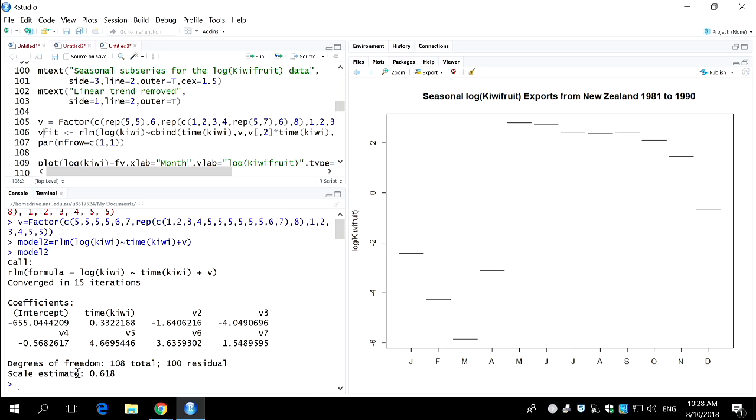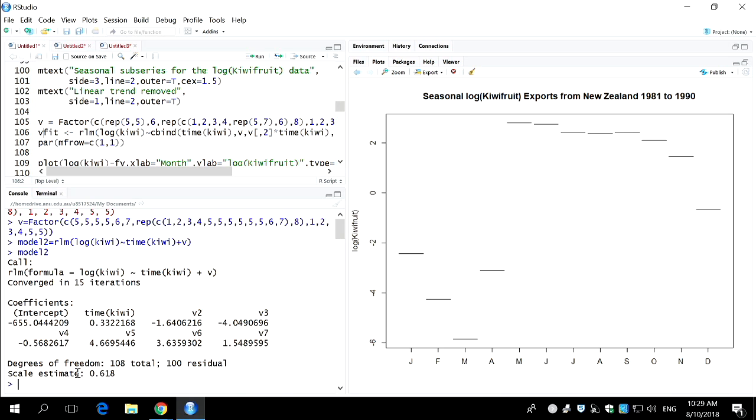Intercept, coefficient of time, so this is my linear term, then February, March, April, May through October. All of these are the same now, forced to be the same. Then 4.66, November, December.